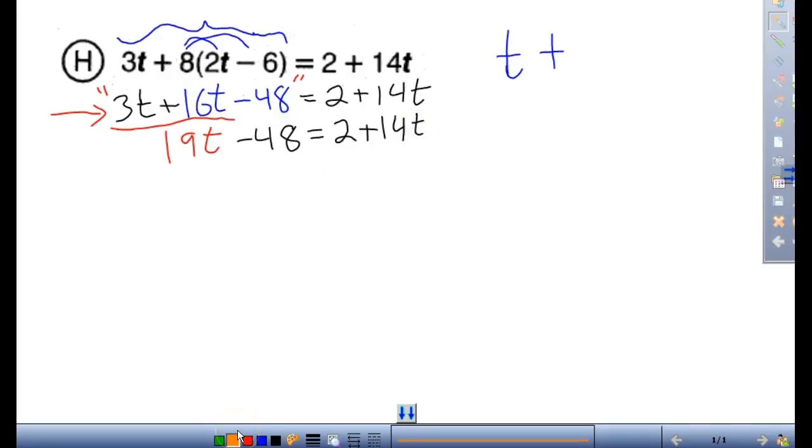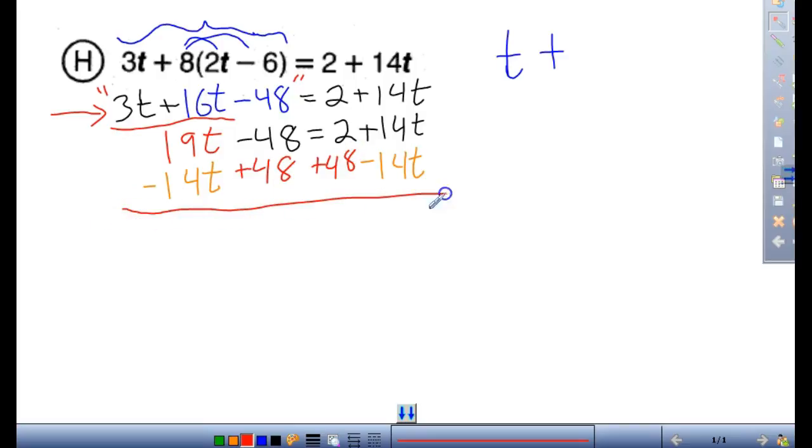And at the end, that's when you start adding, subtracting to both sides. So start with the variable on the right. It's a positive 14, subtract 14t. The number on the left is -48, so add 48. Now you notice I'm adding and subtracting both the numbers and the variables at the same time. Okay. You can do that or you can do them one by one, but just remember variables should be lined up with variables.